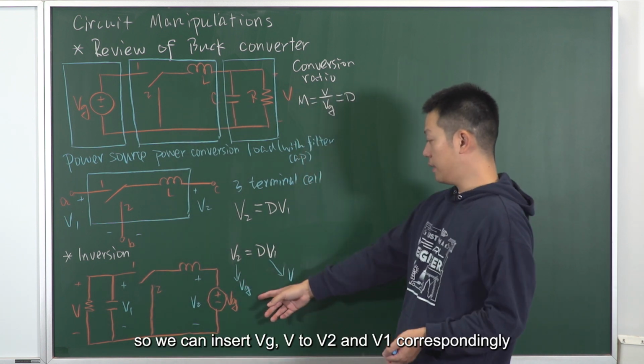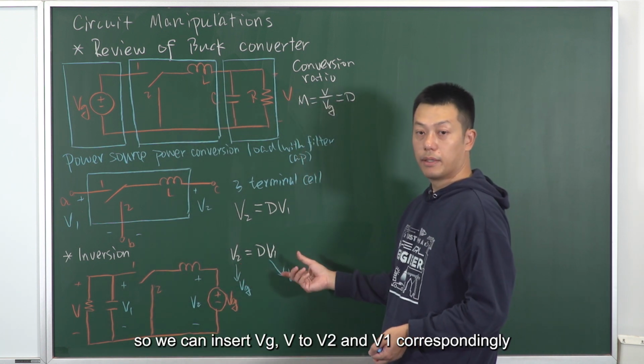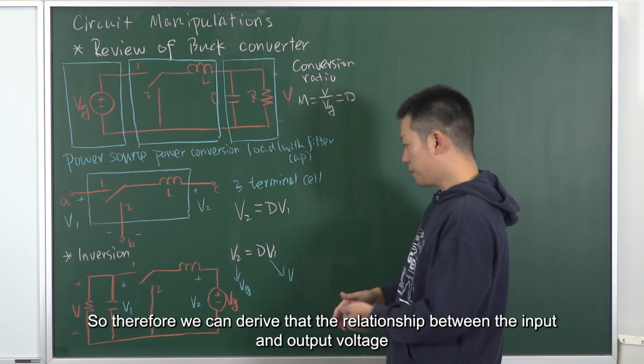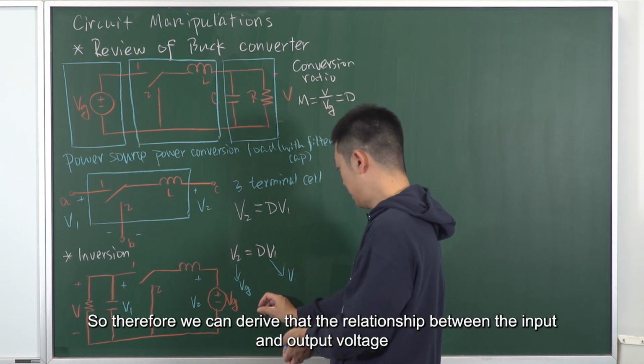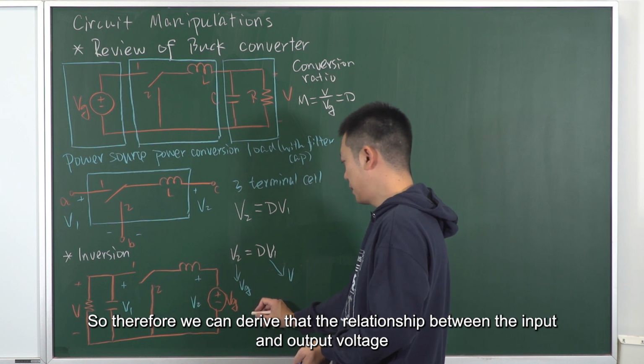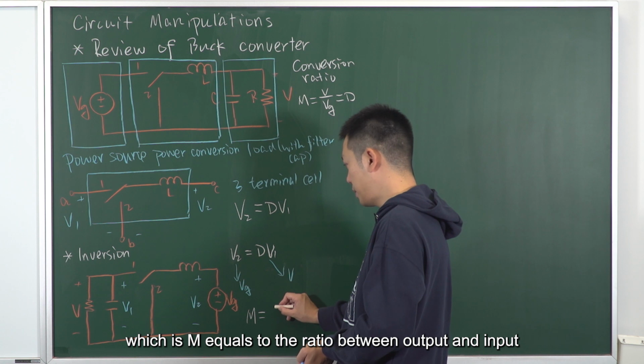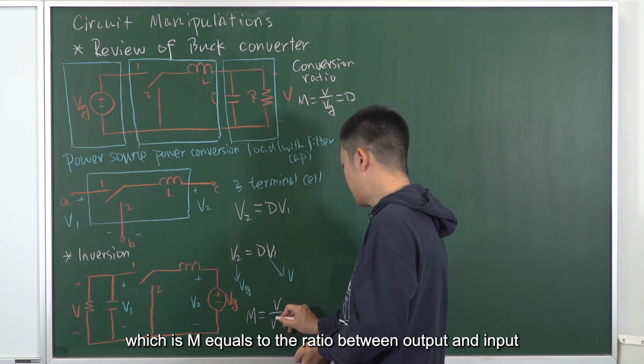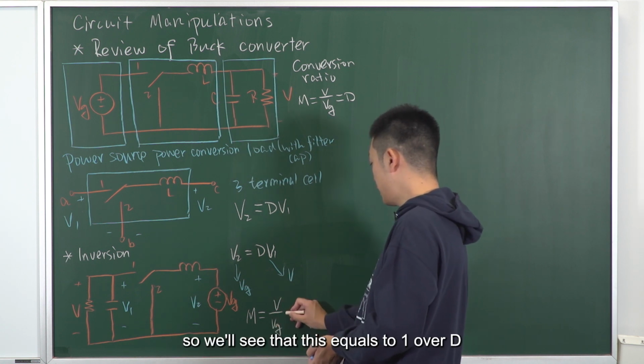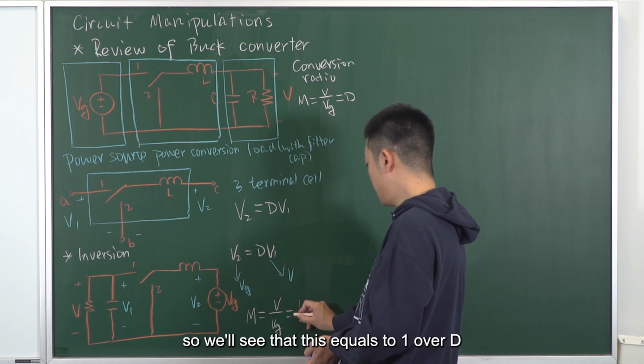So we can insert VG, V2, and V1 correspondingly. Therefore, we can derive that the relationship between the input and output voltage, which is M, the ratio between output and input, equals 1 over D.